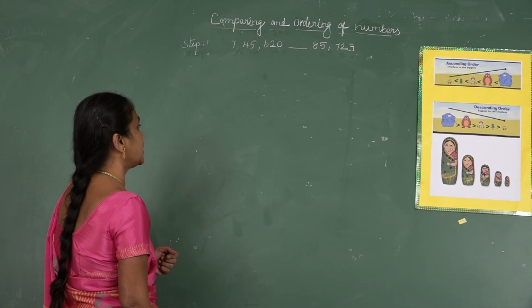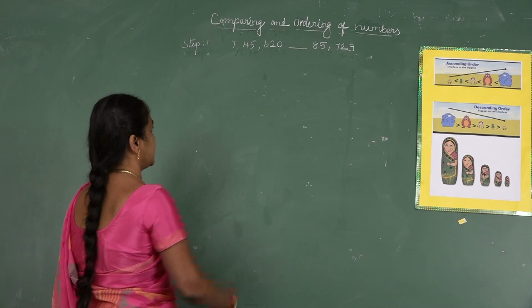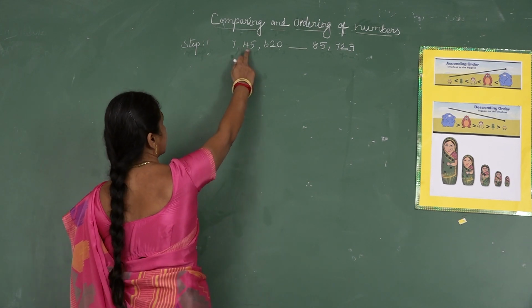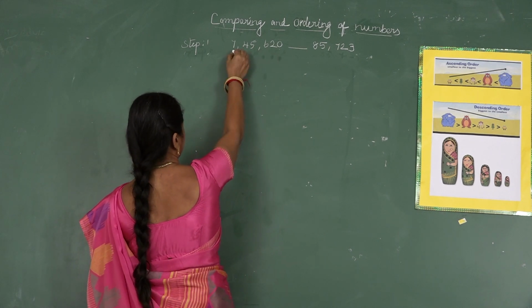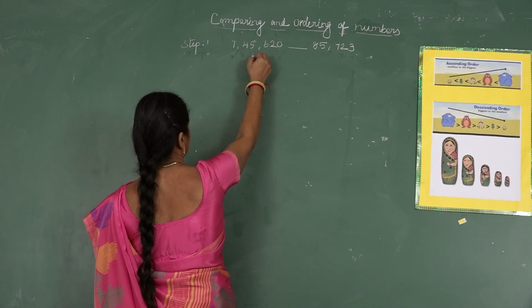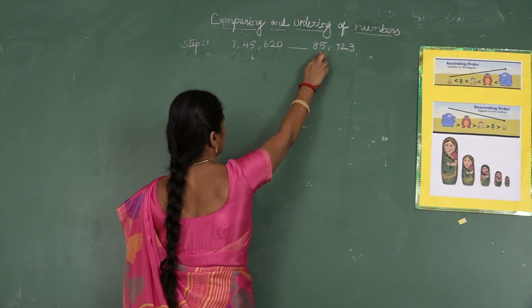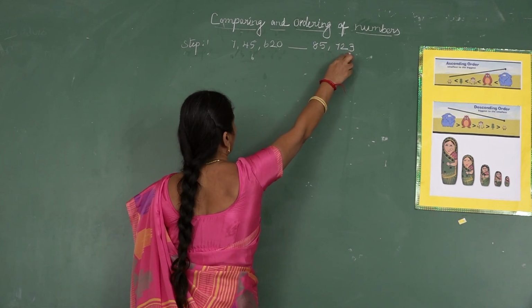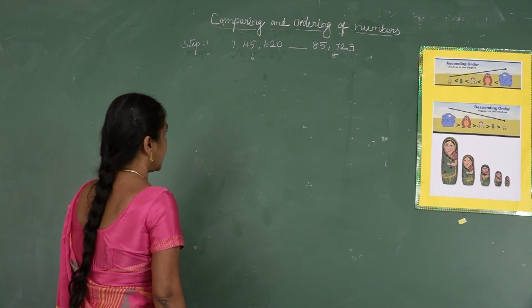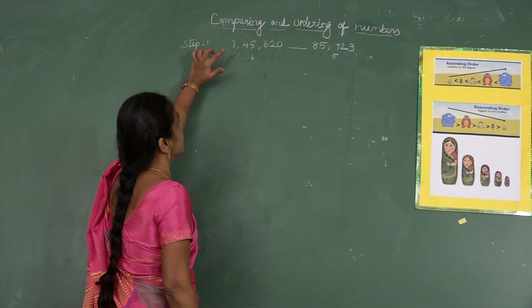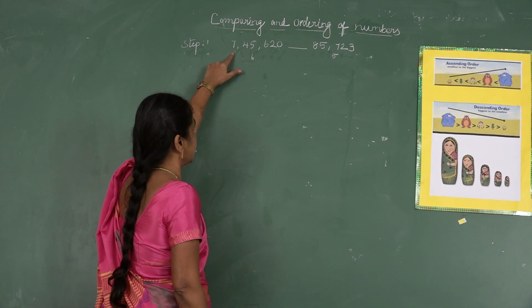First we count the number of the digits. 1, 2, 3, 4, 5, 6. This number has 6 digits. 1, 2, 3, 4, 5. This number has 5 digits. The number with more digits is greater.